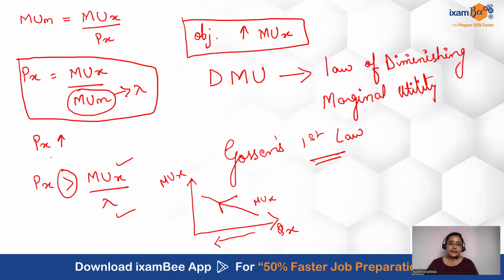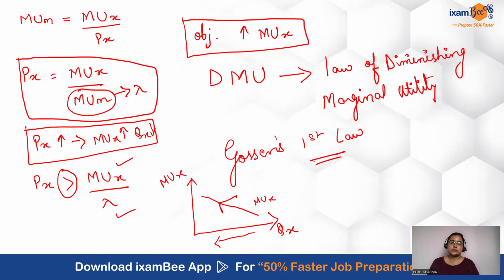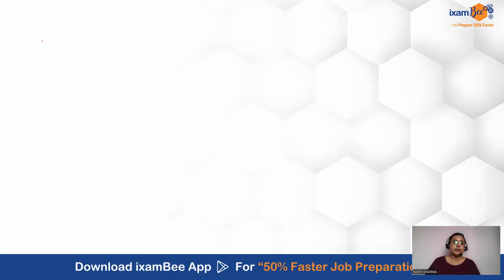Thus, when the price of X increases, MUX must also increase, and this can only happen when Q of X decreases. So, with this, I can say that when the price of X increases, then the quantity demanded of X decreases.